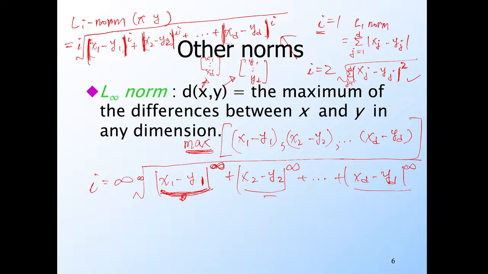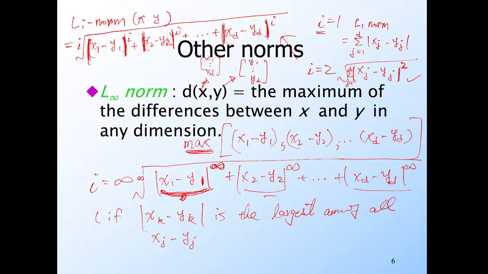So let's assume that for a certain k, xk minus yk is the largest among all xj subtract yj.